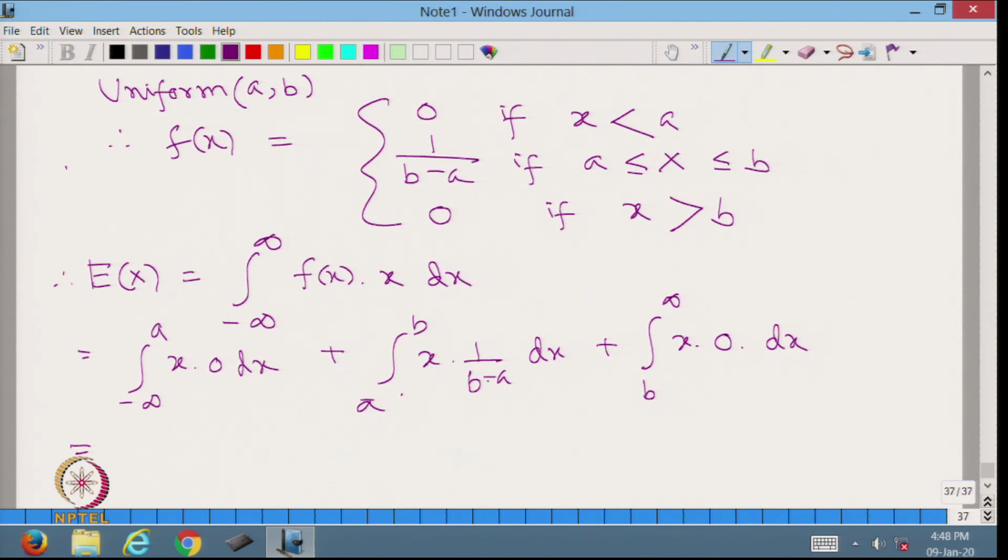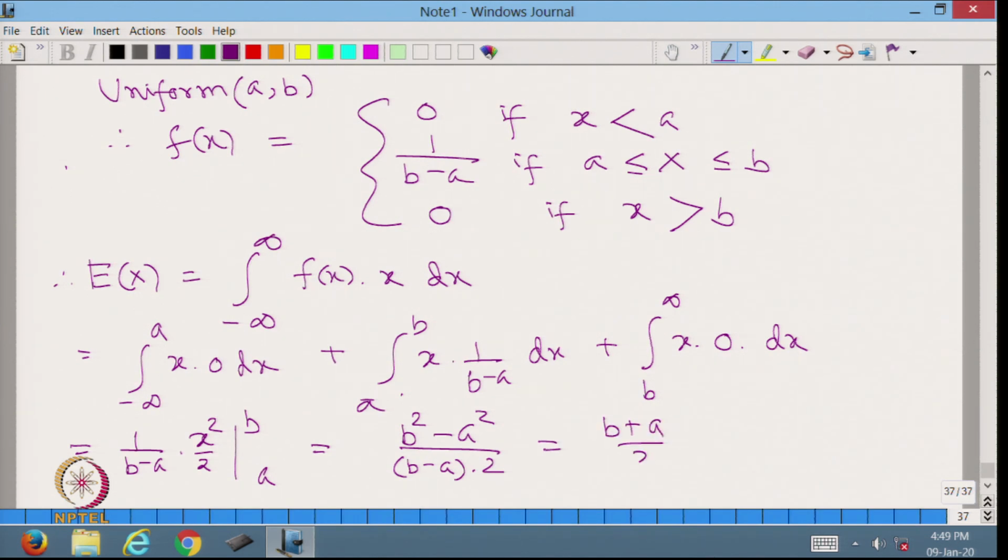As we can see, this is going to be 1 upon (b − a) times x squared by 2 from a to b, which is equal to (b squared − a squared) upon (b − a) times 2, which is equal to (b + a) by 2. Therefore, if X is uniform in (a, b), its expectation comes out to be (b + a) by 2.